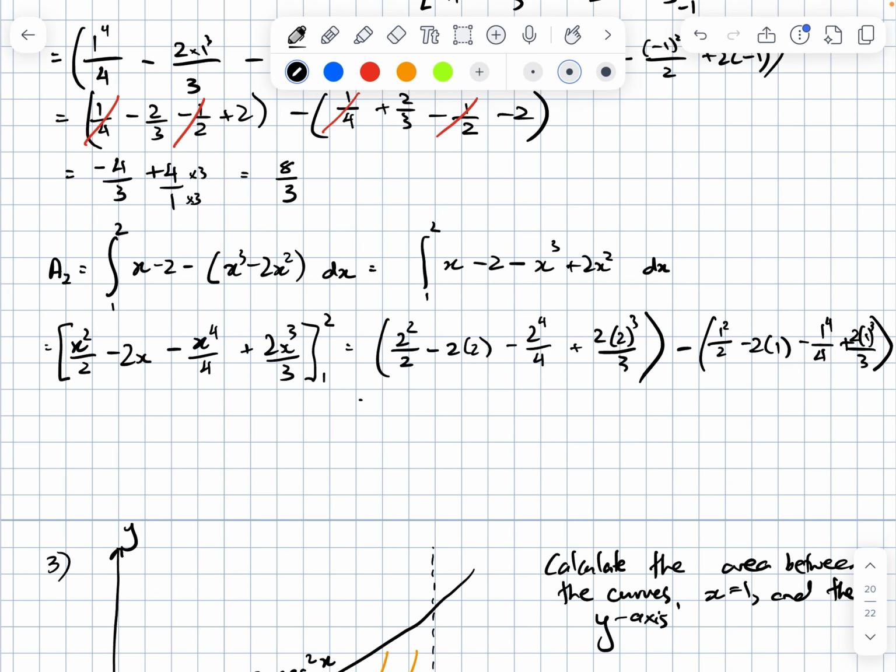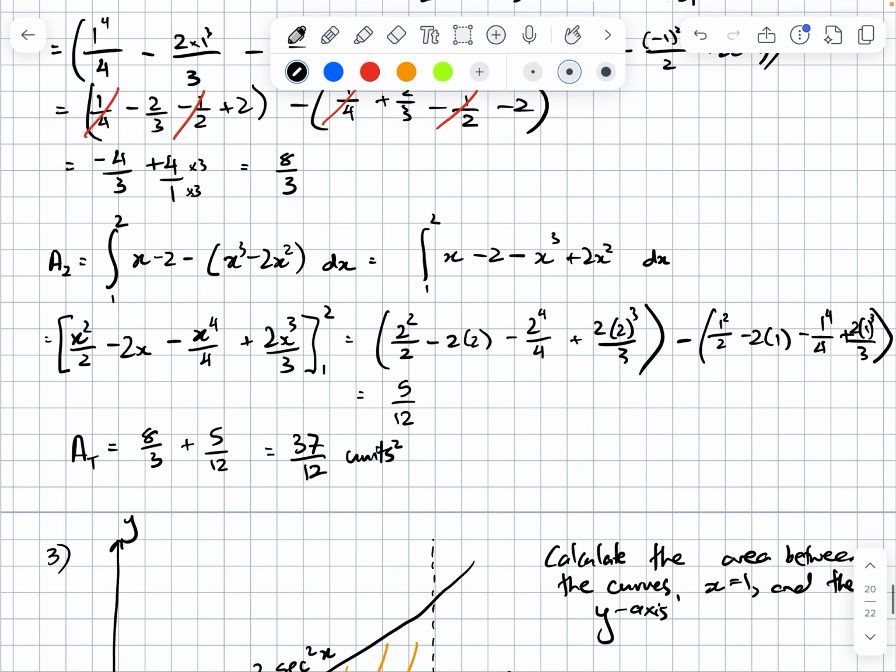If you put that all into a calculator, you'll get an area of 5/12. So therefore the total area will be the 8/3 from the first one plus the 5/12 from the next one, giving an area of 37/12 units squared. Generally, if there are no units, the marking schedule will not be requiring you to write units squared, but it doesn't hurt to have it in either.